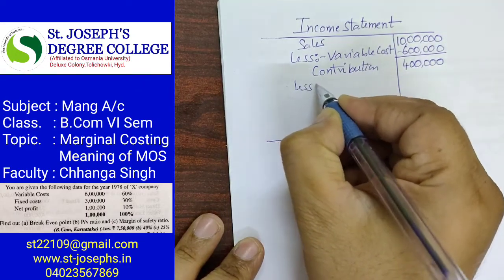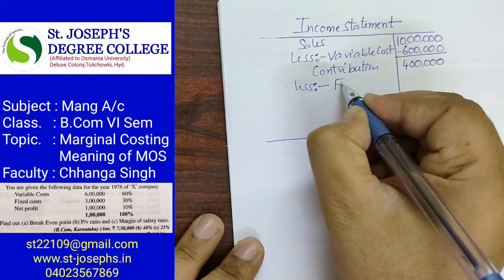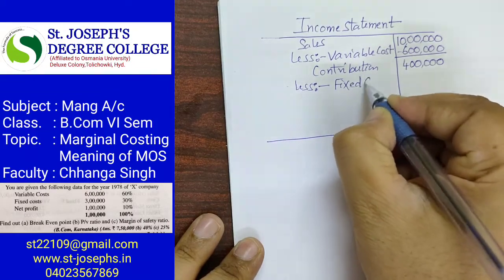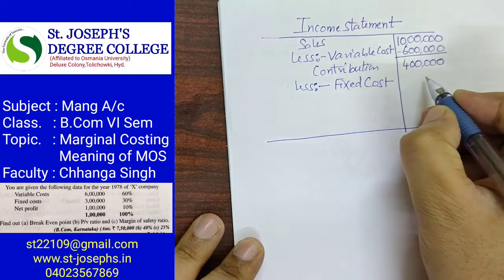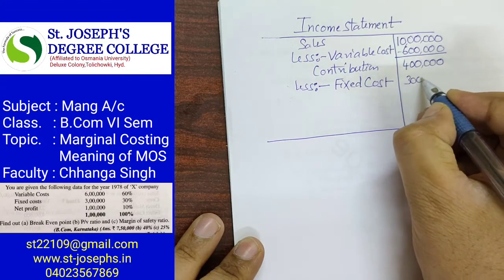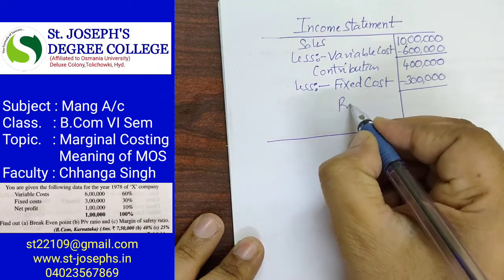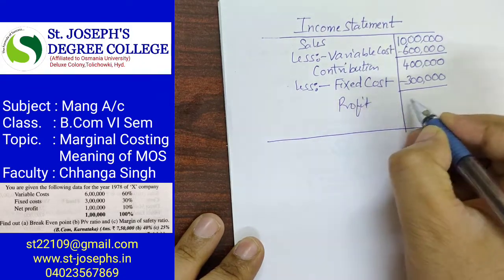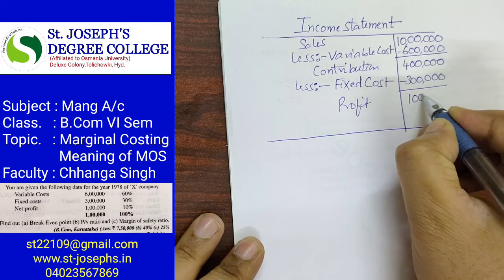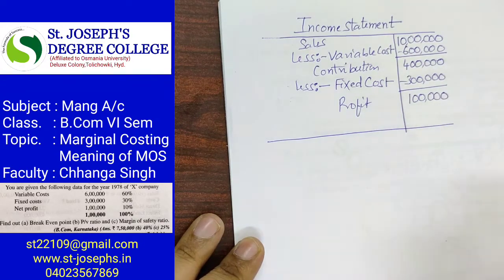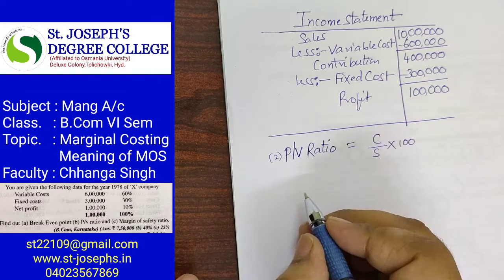Now fixed cost, it is 3 lakh rupees, and finally we get profit of rupees 1 lakh. This is your income statement.